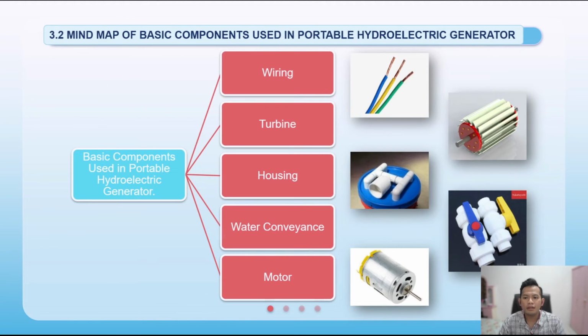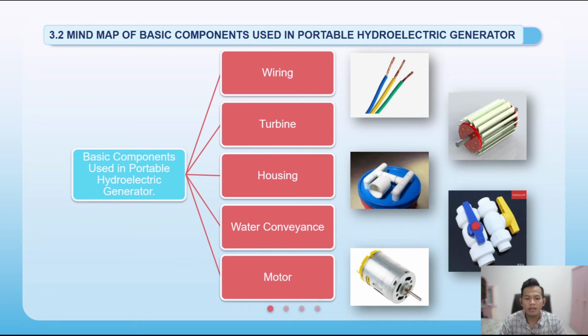The second method is a mind map of basic components used in a portable hydroelectric generator. As you can see in this slide, these are the necessary components that must be included in a portable hydroelectric generator. Firstly is wiring. Wiring is to deliver the electricity. Second is the turbine. The turbine is to transform the energy of flowing water into rotational energy.